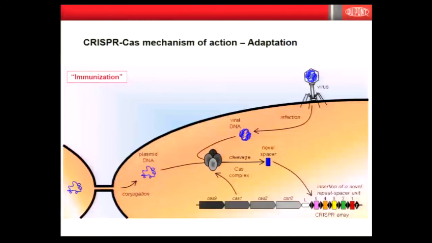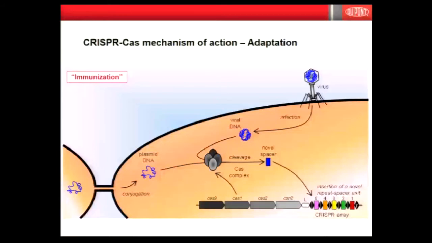upon infection, the phage DNA enters into the cell and can be recognized as foreign DNA by some Cas proteins that are able to take a small piece of the DNA of the virus in order to store it into the CRISPR locus. This happens at the leader end, so only on one end of the repeats.